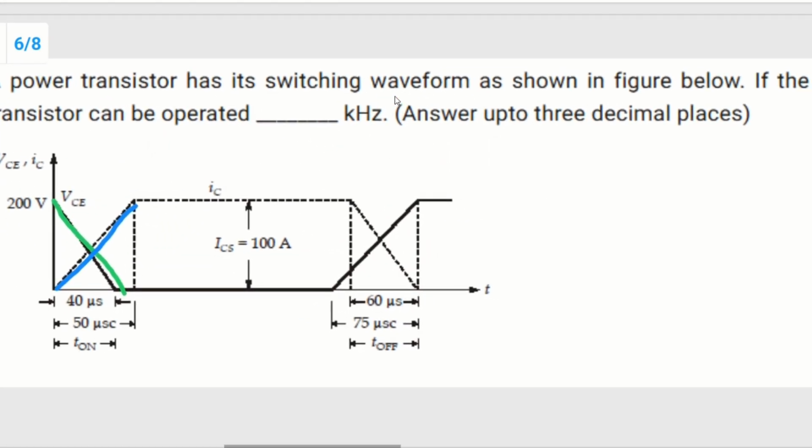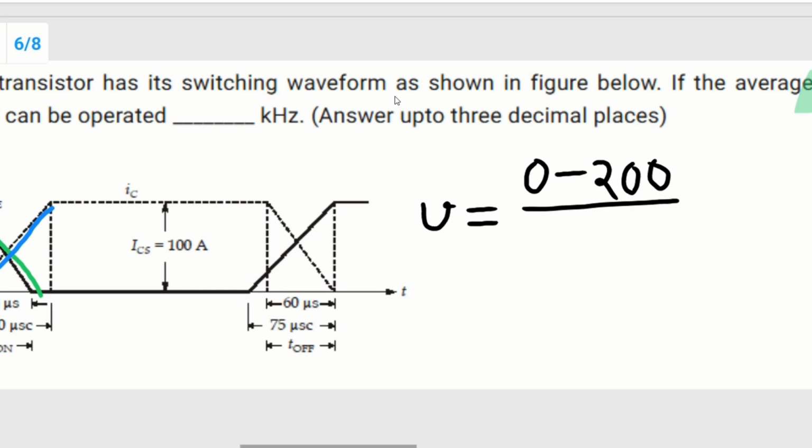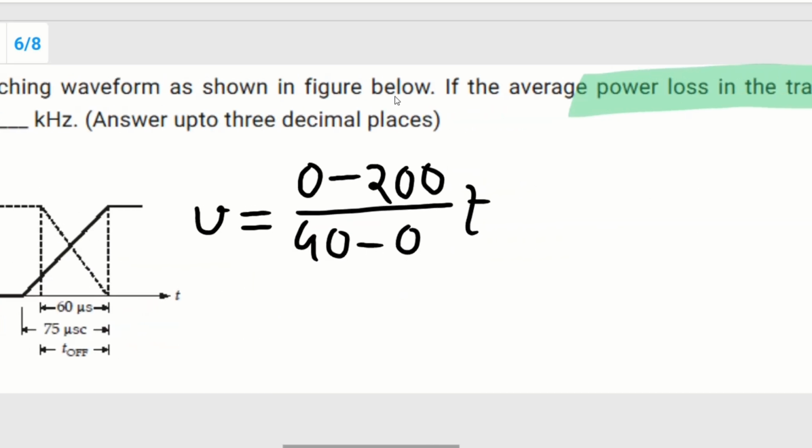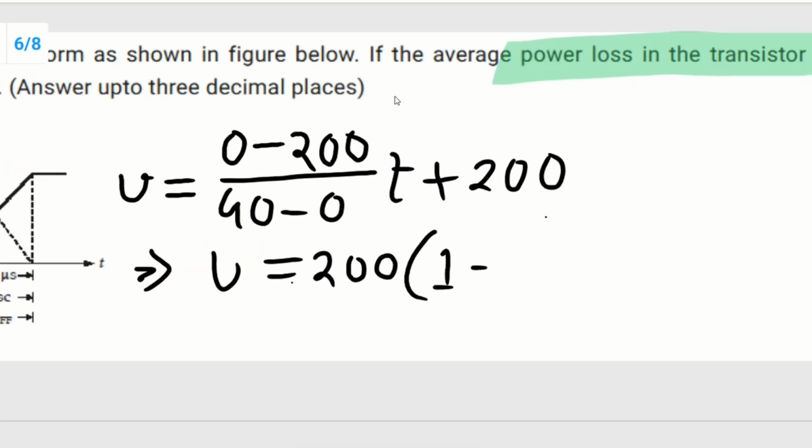The voltage is decreasing, so we find the slope: 0 minus 200 by 40 minus 0, so the slope is minus 200 by 40. The intercept will be 200, and this will be v equal to 200 times (1 minus t by 40).